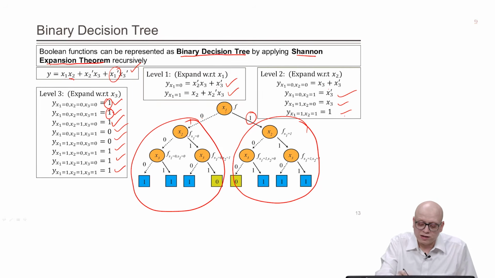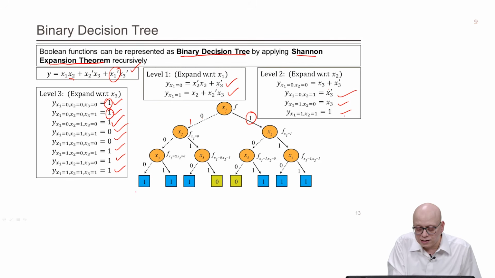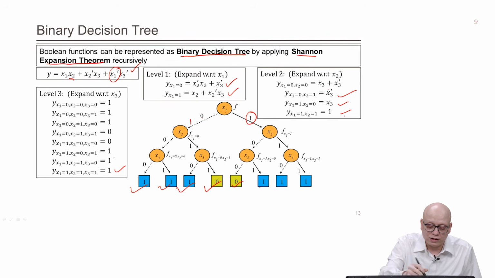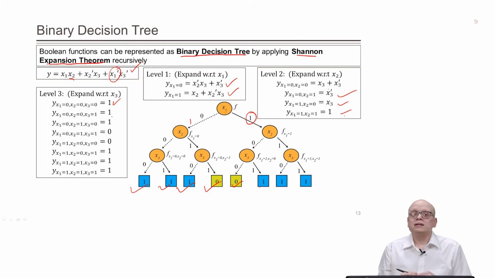Similarly, we get positive and negative cofactors for each of the children, and finally we get the leaf level values, which are nothing but the leaf level functions that we obtained after applying recursive Shannon expansion to the functions.